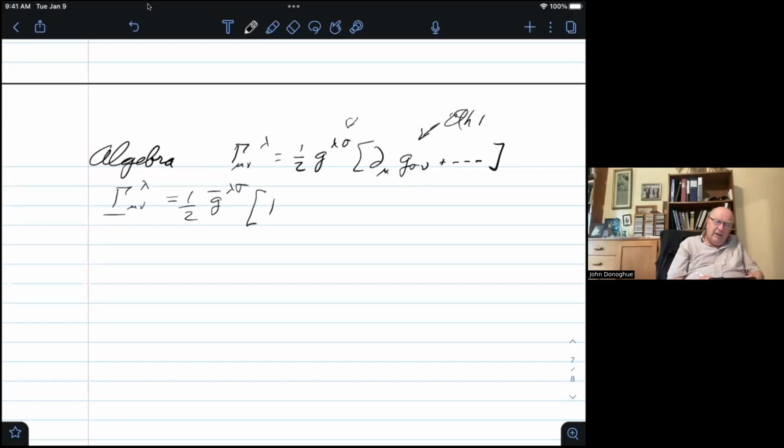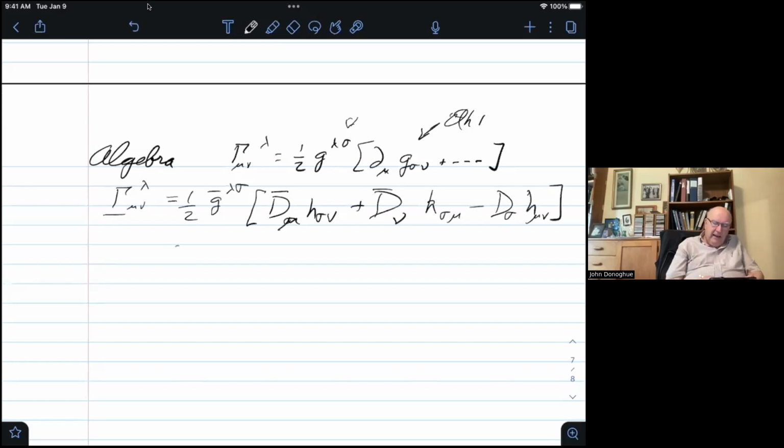It's going to involve derivatives of H. But the derivatives are going to be covariant derivatives with respect to the background field. So the answer is H sigma mu minus D sigma H mu.